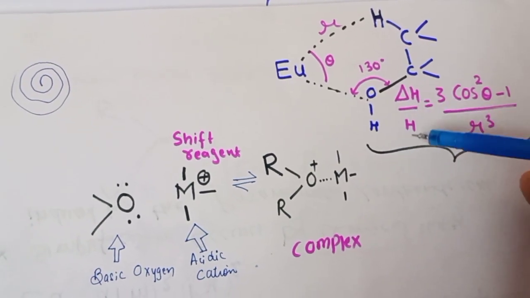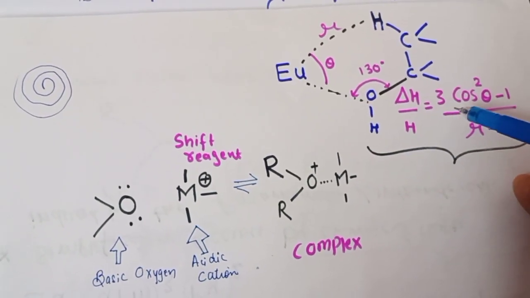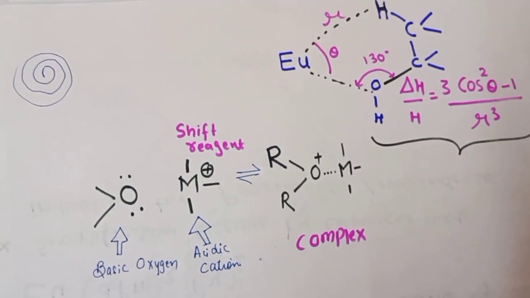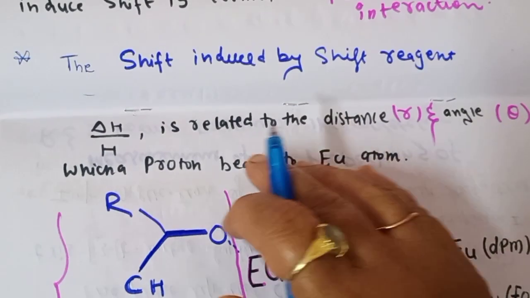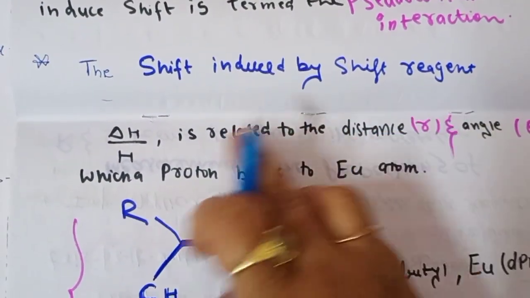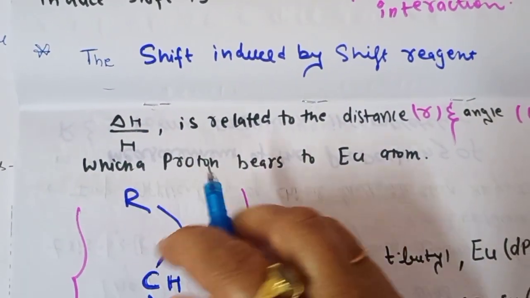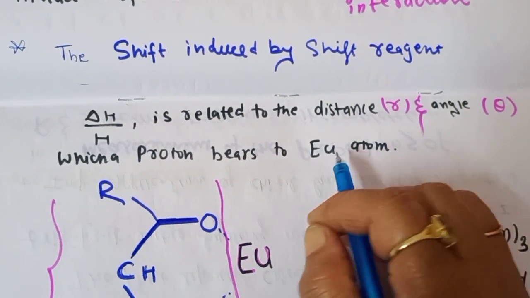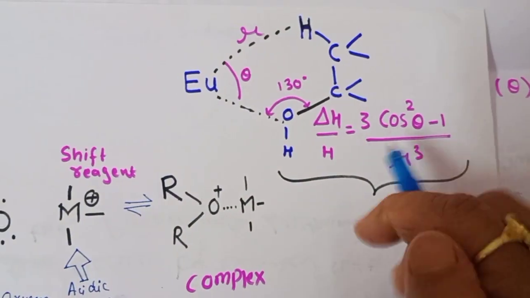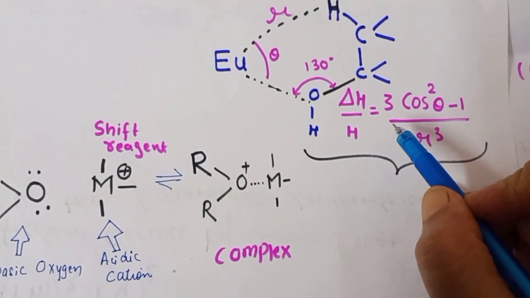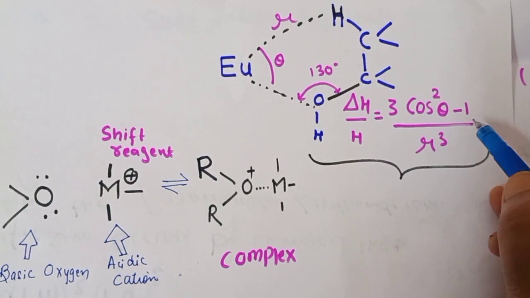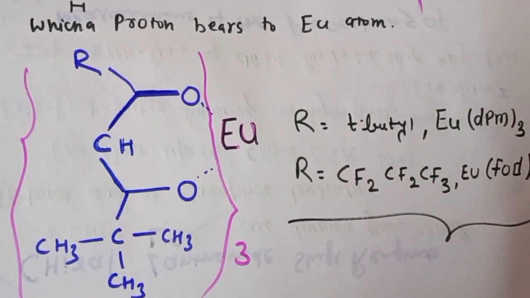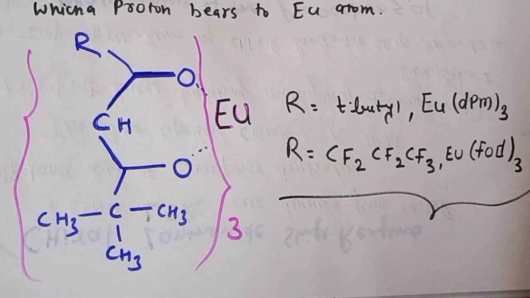The shift induced by the shift reagent is represented by delta H by H, and it is related to the distance r and the angle theta which a proton bears to the europium atom by the relation delta H by H equals 3 cos square theta minus 1 by r cube. So this is the relation, and this is our shift reagent in place of our europium atom.